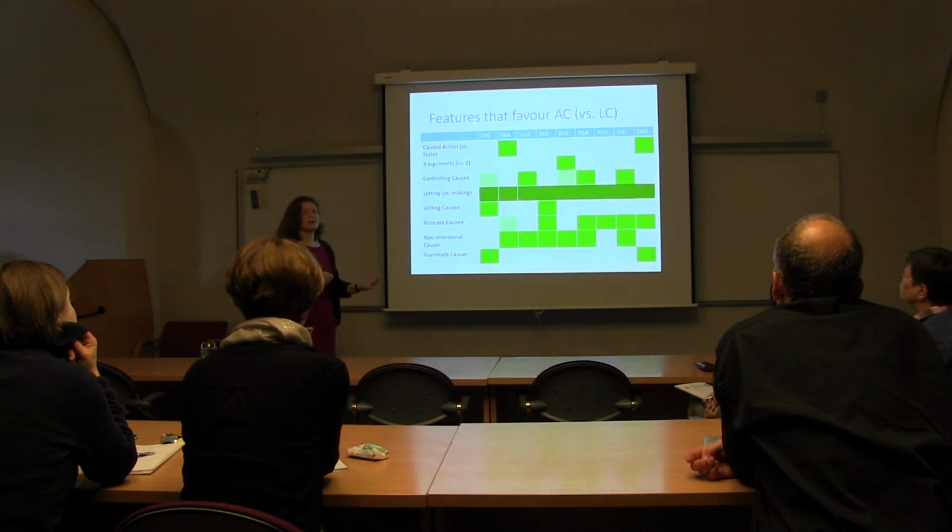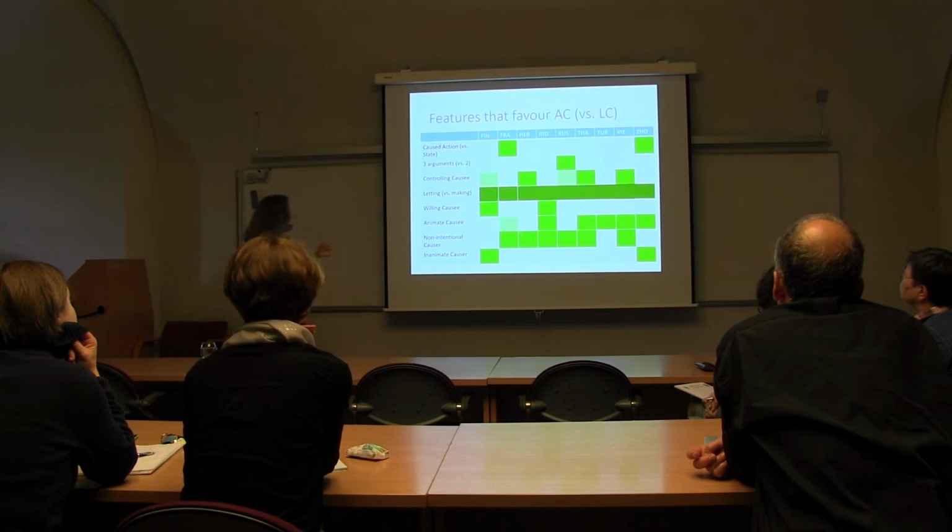Of course, it would be a waste of time to go through each tree. So I just put everything together here for you in this table. It shows the features that favor analytic causatives as compared with lexical causatives.